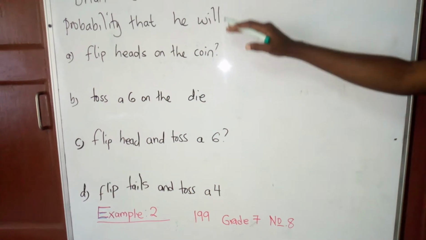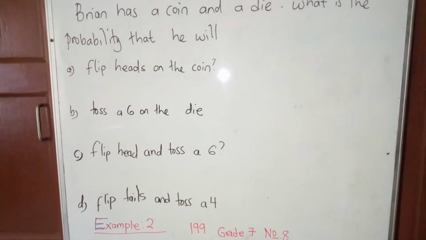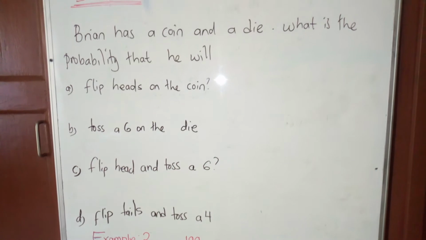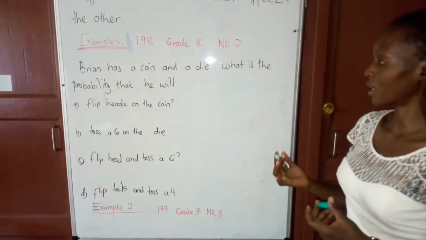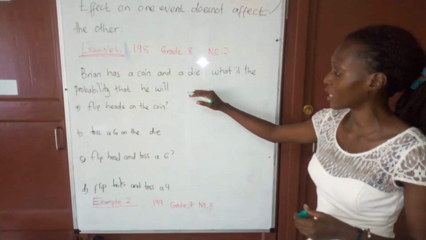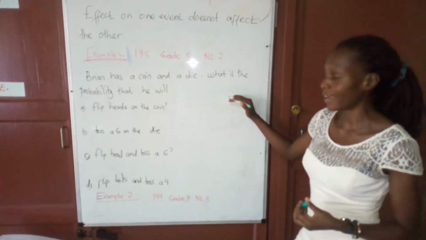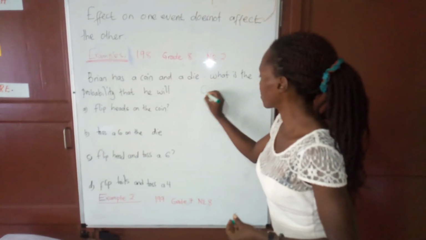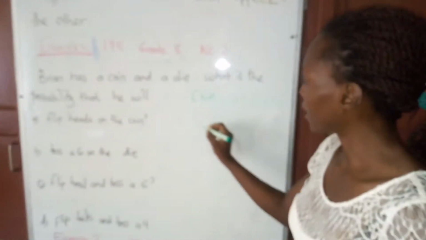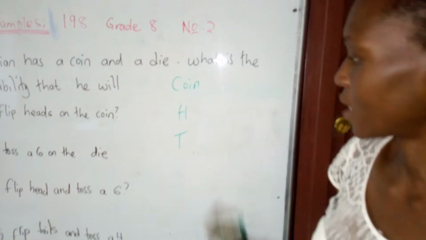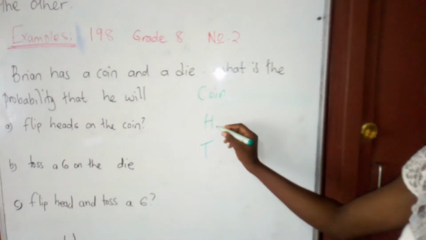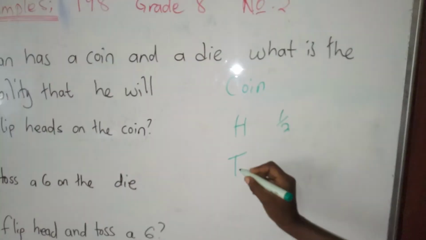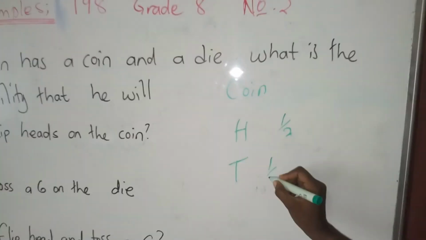So in order for us to do all this, we need to get the sample space. And the sample space is going to be in both of them. We can get the sample space for a coin and then the sample space for a die. For a coin I can either get head or tail, so the total is 2, and to get a head is simply a half, and to get a tail is simply a half.